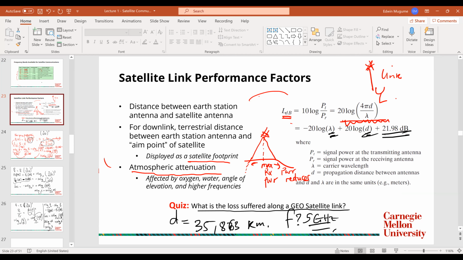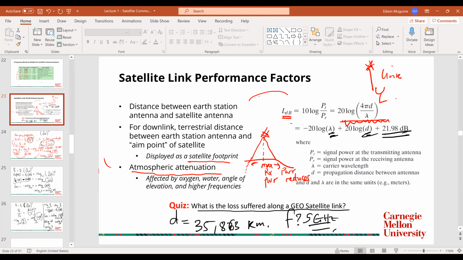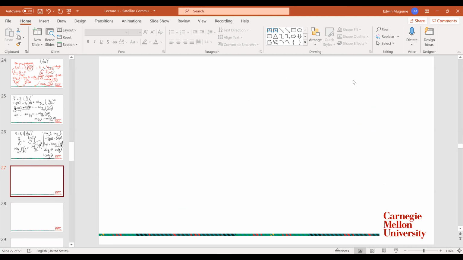So I want us to go through these equations again because they are quite important. And basically, when you have your, is my pen working? Pen is not working.